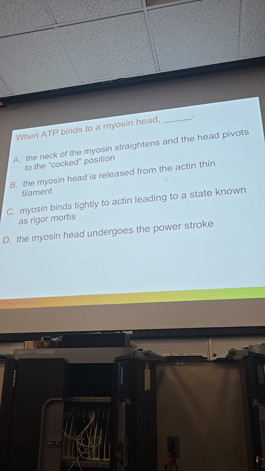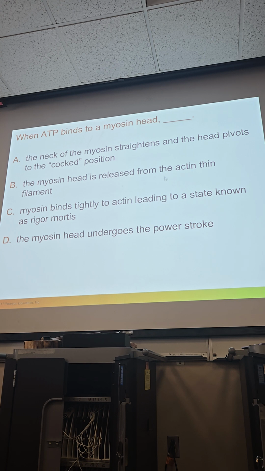Okay. Not doing so great on this one. So let's talk to each other. I got the neck of the myosin straightens and the head pivots to the cocked position. That's what I had as well. A is wrong. Let's go with that. A is wrong.